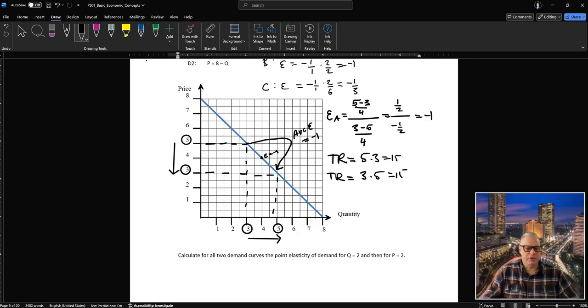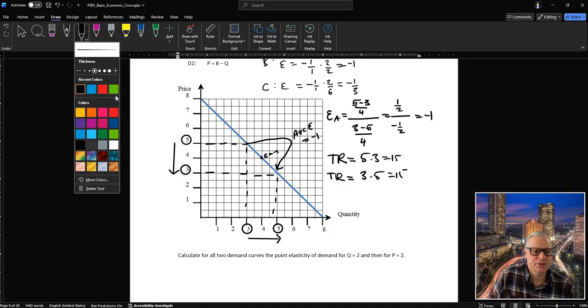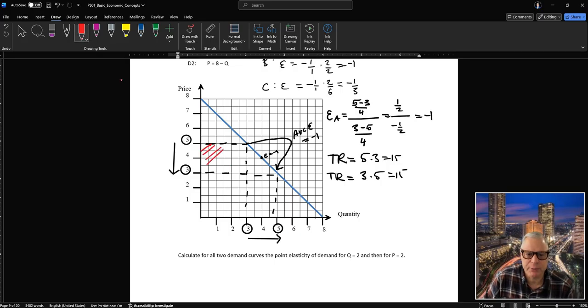So the total revenue doesn't change. What happens is, by changing the price where the price elasticity of demand is 1, like by this arc elasticity, we lose this area here.